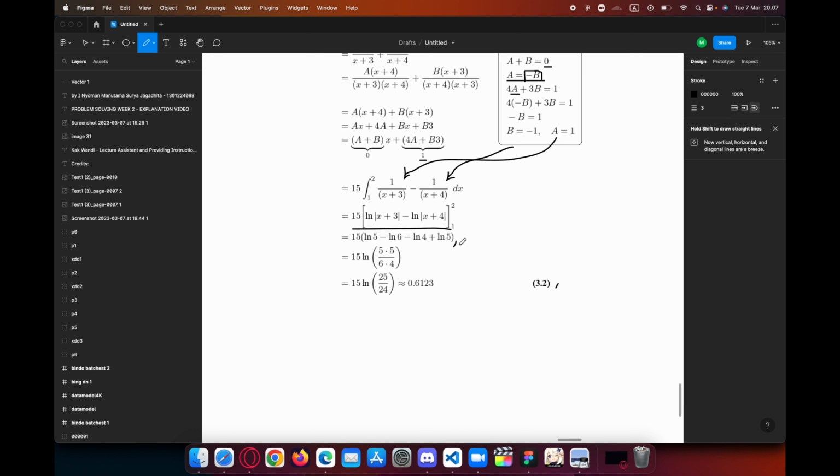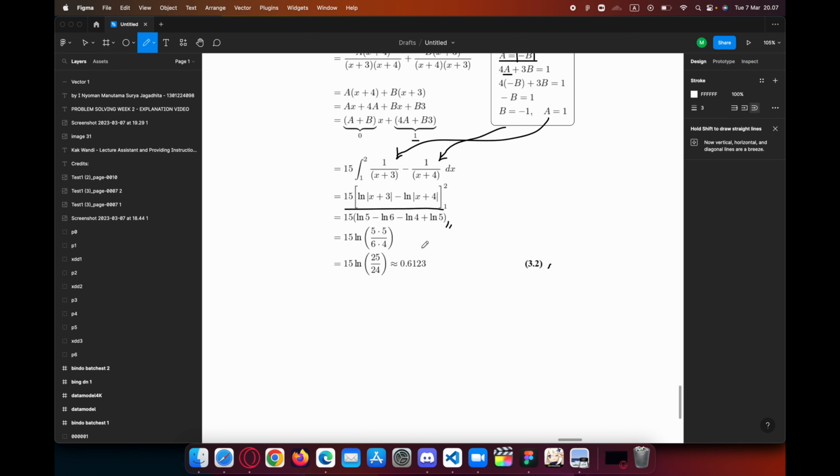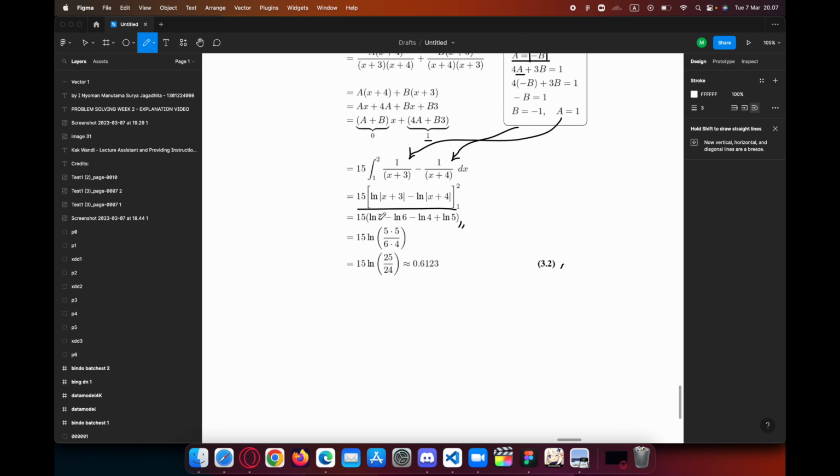After we got this value, we can simplify again. So ln minus ln can be used as division, but plus we can use times, or we can say ln 5 minus ln 6 becomes a fraction, ln of 5 over 6, like that.